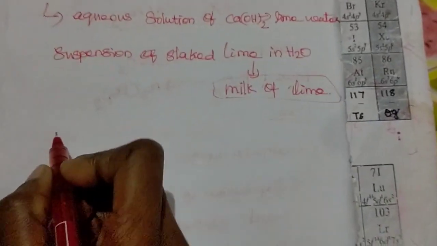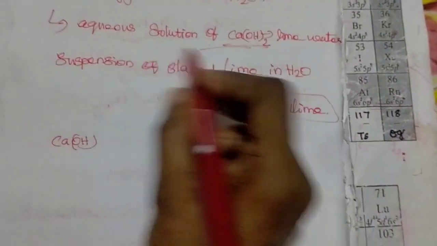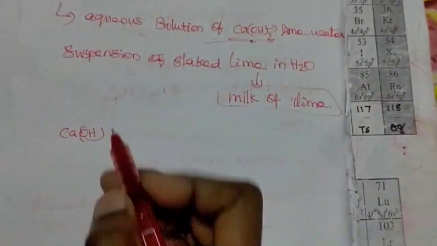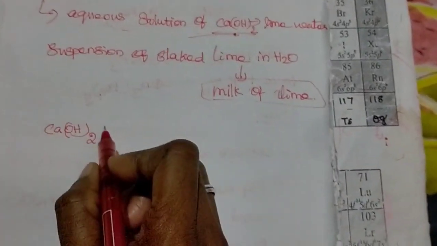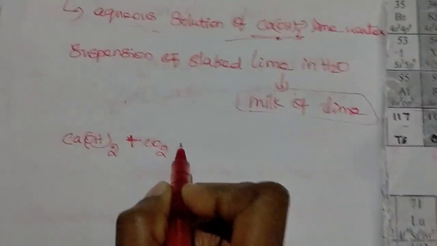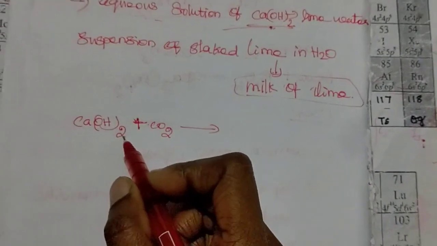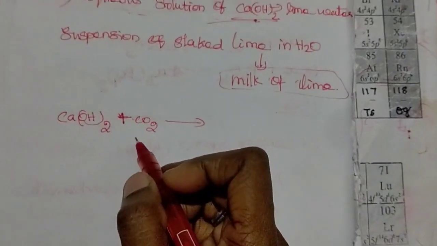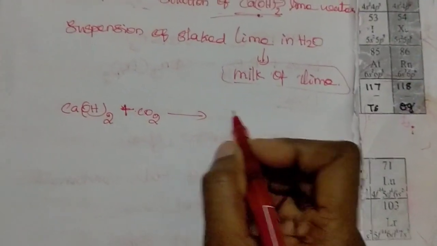So lime water, the aqueous solution of calcium hydroxide, is treated with carbon dioxide, and this carbon dioxide turns the lime water milky.